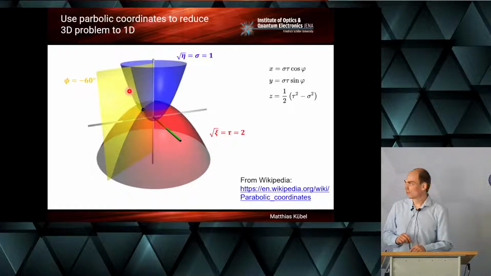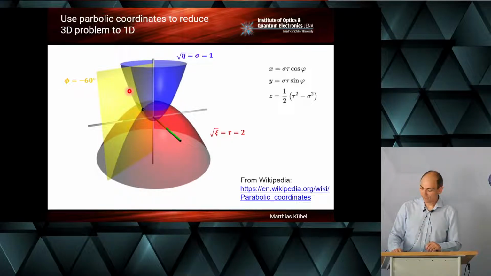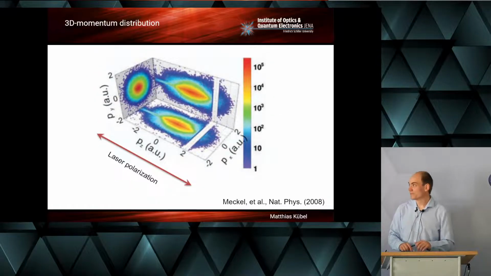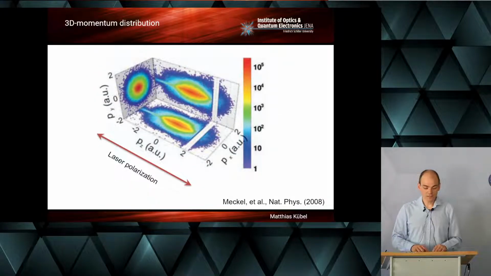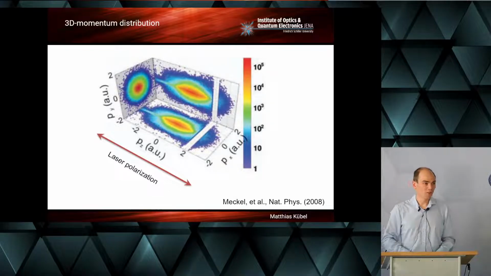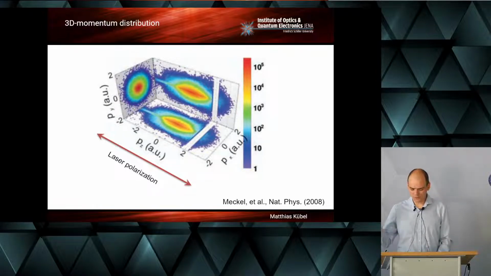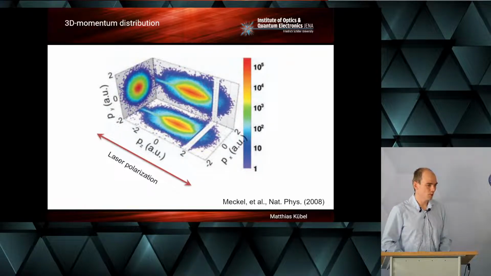Okay, then now let's move on. What is shown here is the 3-dimensional momentum distribution of photoelectrons emitted from, I think in this case, an oxygen molecule.